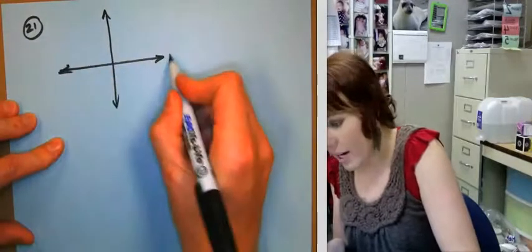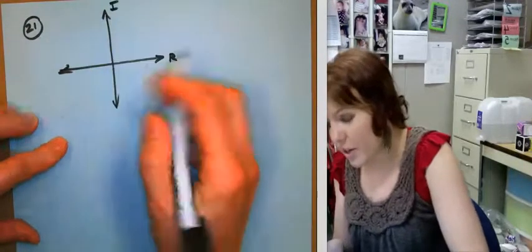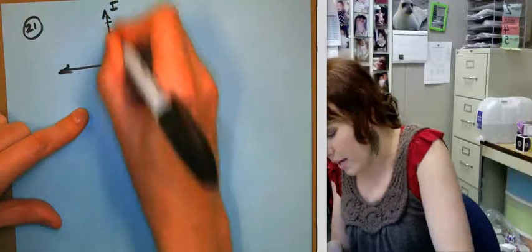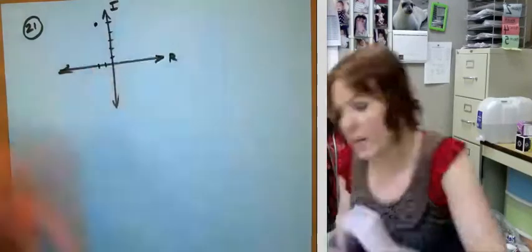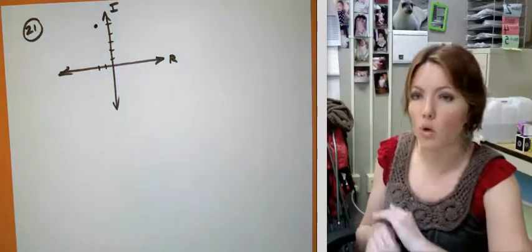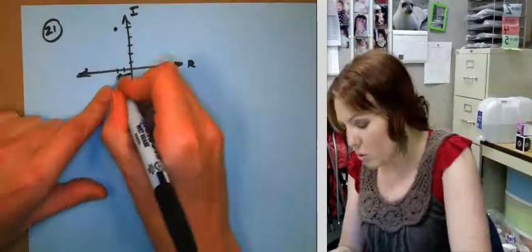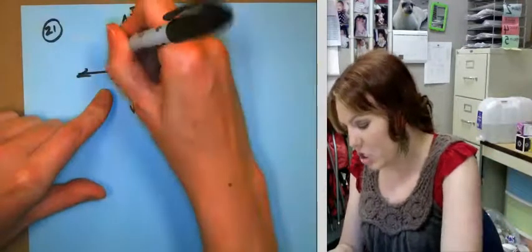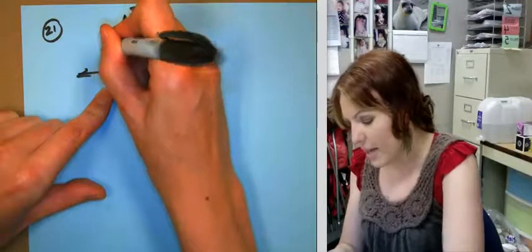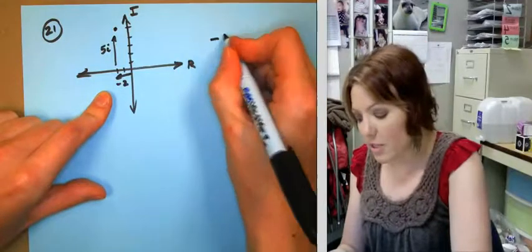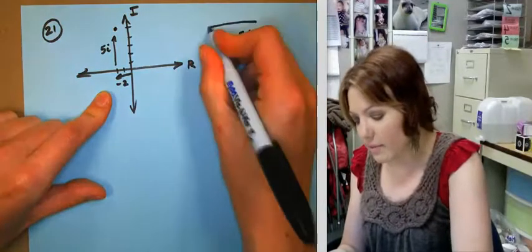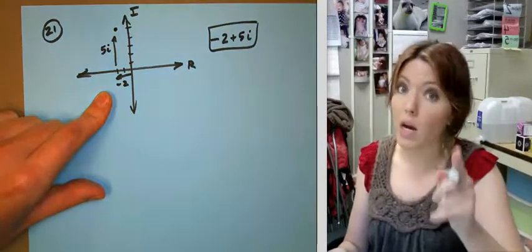We have real and we have imaginary. 1, 2, 3, 4, 5, and 1, 2. And we have a point up there. And it says identify the complex number graphed. Well, what we have here is we've gone to the left 2 in the real direction, and we have gone up 5 in the imaginary direction. So that number is -2 plus 5i. See? We all better get that right.